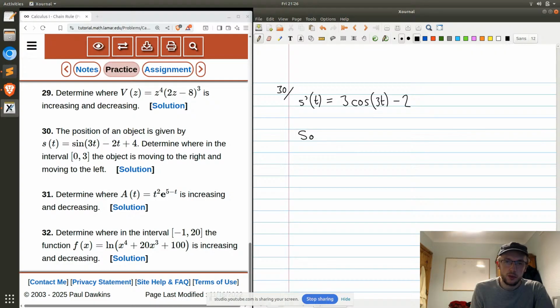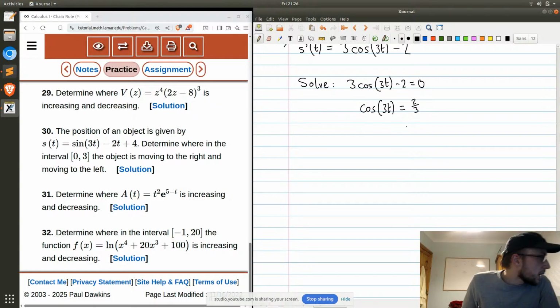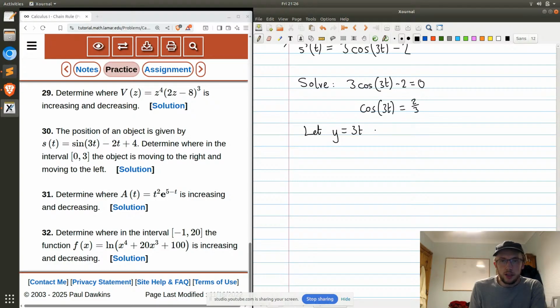Now solve this. Okay, so cosine of 3t is equal to 2/3. And then we have, let y equal 3t, then this is not really necessary as a substitution, but you know.